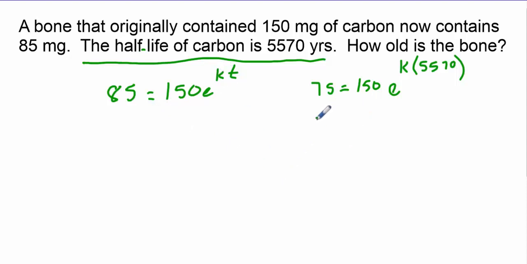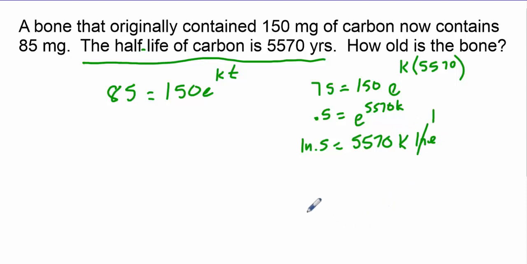So 0.5 is equal to e to the 5570k, and then I'll take the natural log of both sides. That's equal to 5570k ln e, which we know is 1. So the natural log of 0.5 over 5570 is equal to k.